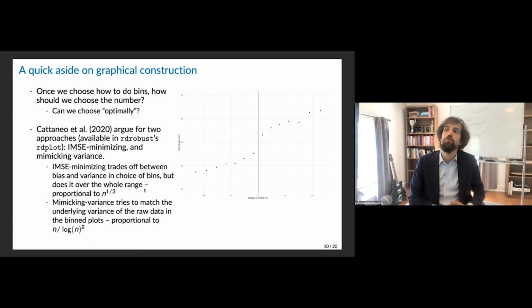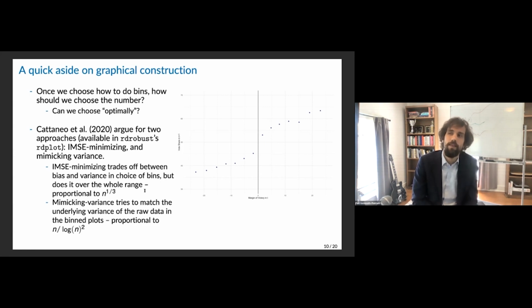If you're choosing the size of the bins and you do equal spacing, you don't need any algorithm, right? You've already presupposed it. If you're like Lee in 2008 and you say, I want to do half percentage point bins, you've already decided what your cutoffs are. What I'm saying is, say you choose to do equal size, how equal size should it be? Should it be one percentage point, half a percentage point, et cetera?